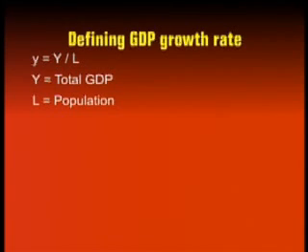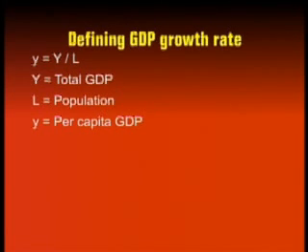So we use the same symbol for population as we use for labor force, but that's okay. So capital Y is equal to total real GDP, and L is total population. Small y then becomes the per capita GDP for any individual in the economy, simply the total GDP divided by the number of people in the economy.